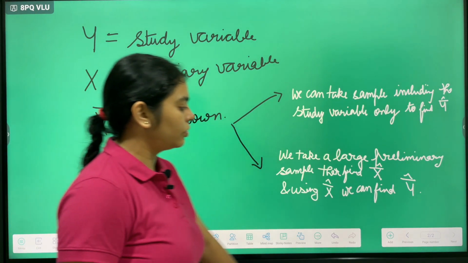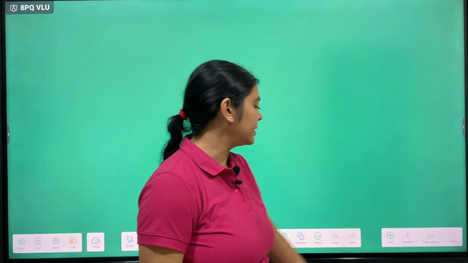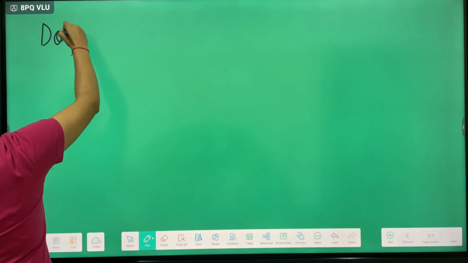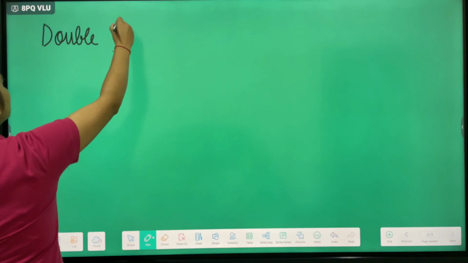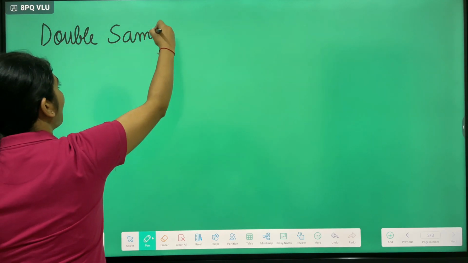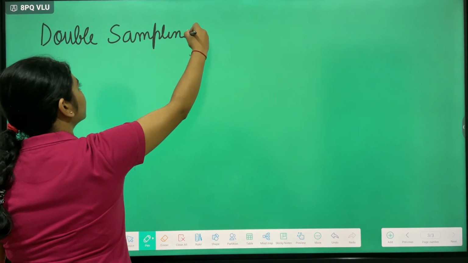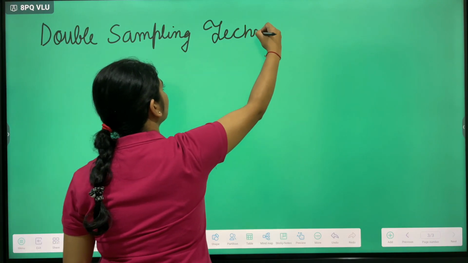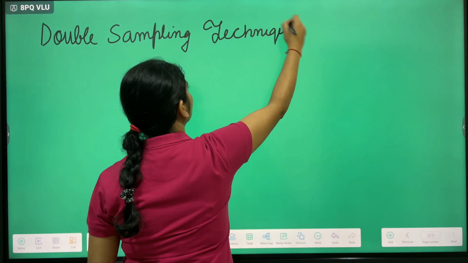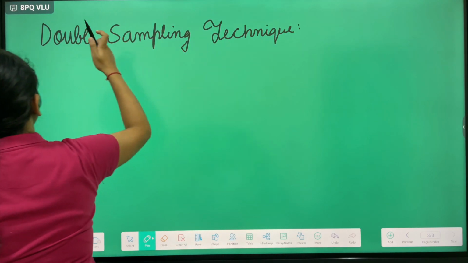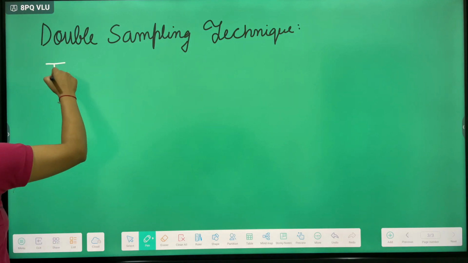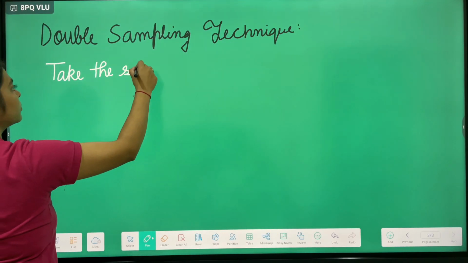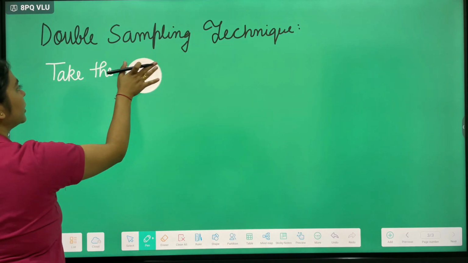So the double sampling technique says that take a large preliminary sample.